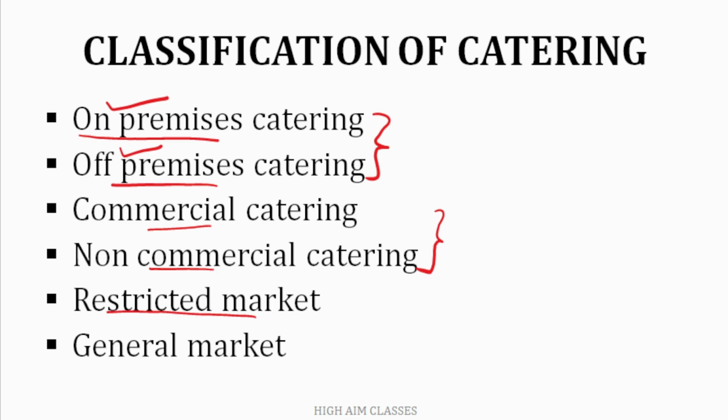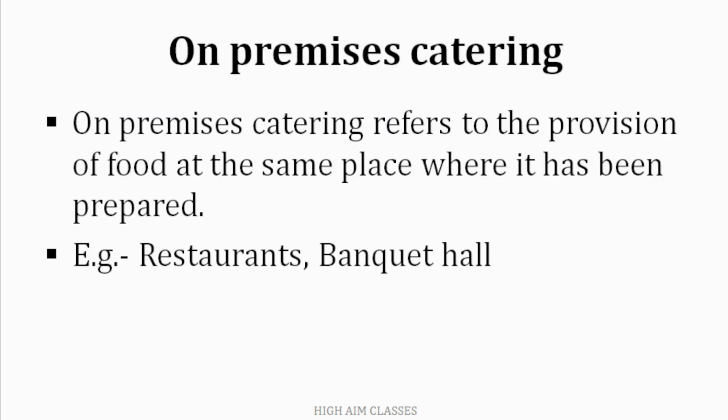Then we have the general market, where everybody is allowed, like all the restaurants, cafes, pubs, bars, places which are open for the people to go and have the food. So let us discuss a little bit of detail of each of these types.